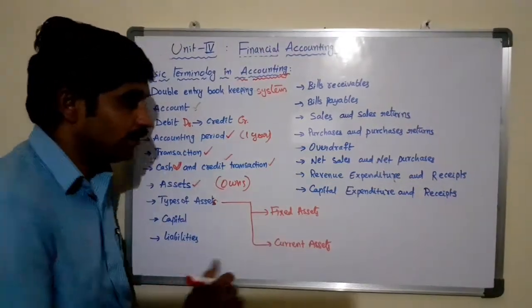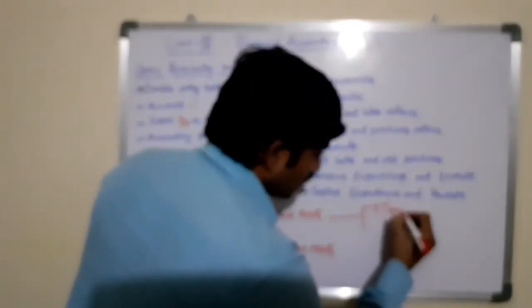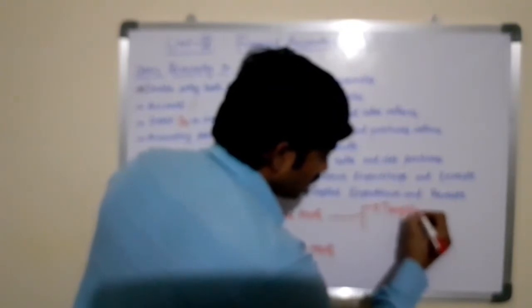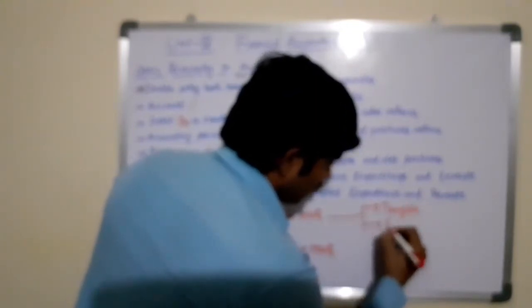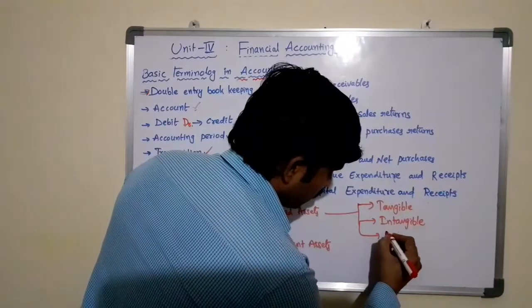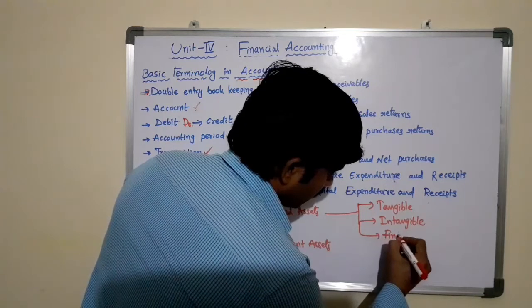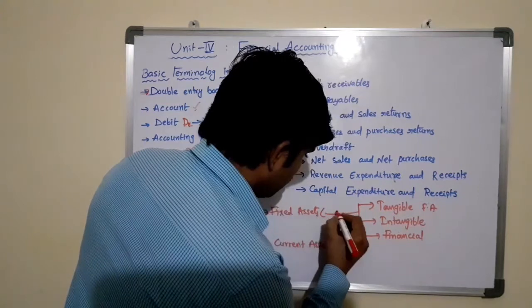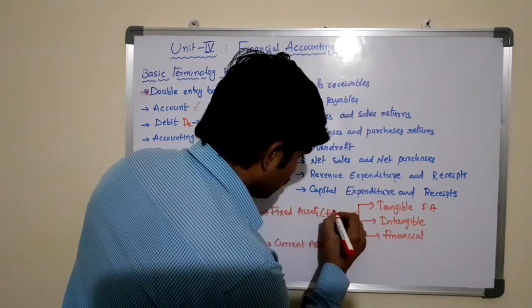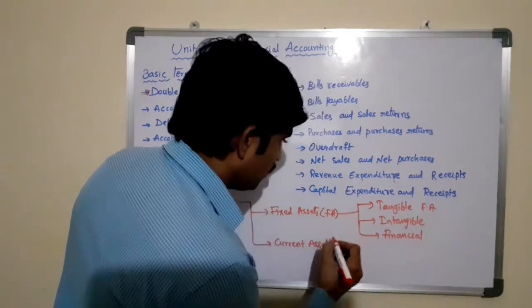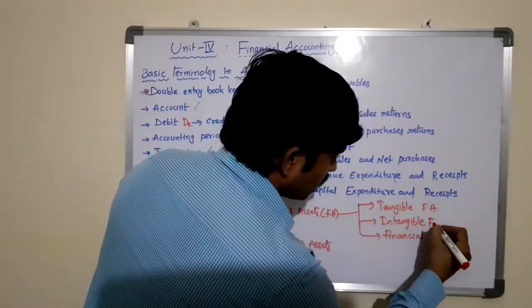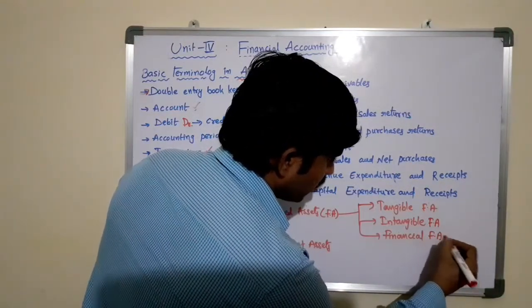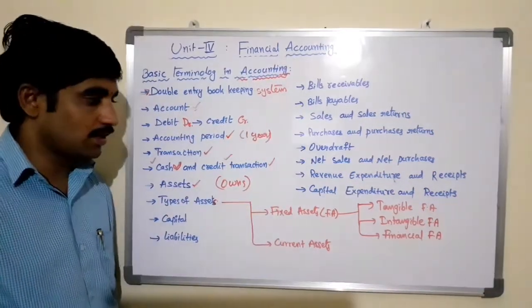Here again the fixed assets are subclassified into three: tangible fixed assets, intangible fixed assets, and financial fixed assets.